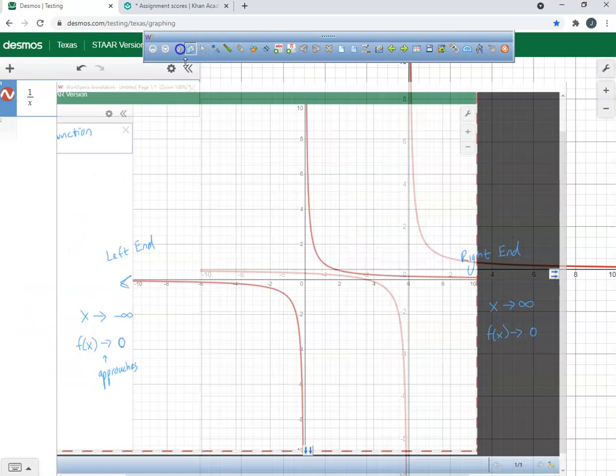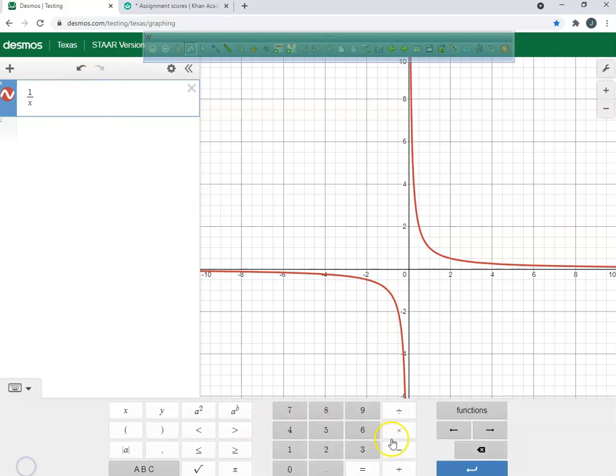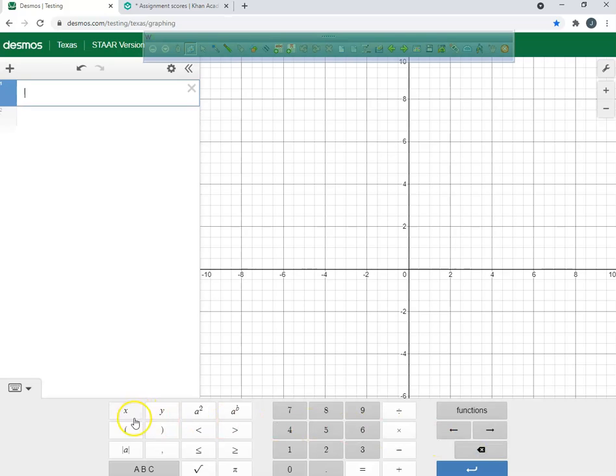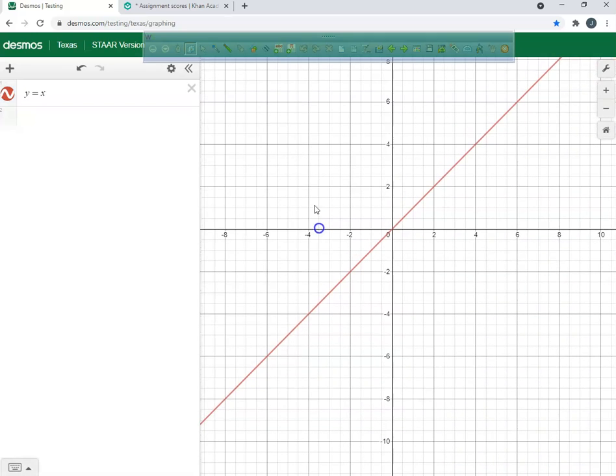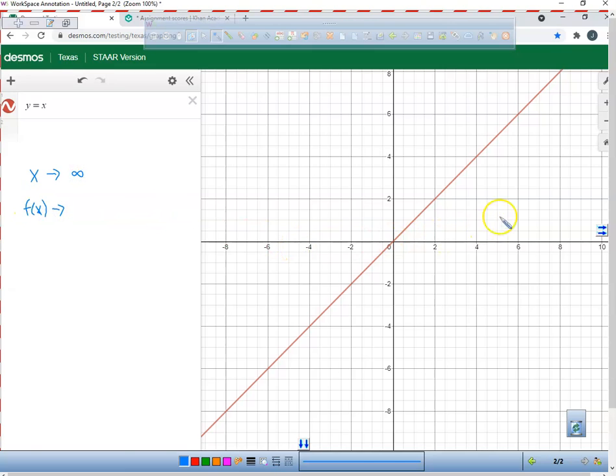All right, so let's take a look at some other functions, and maybe end behavior will make a little bit more sense. What if we said just a linear function, which is just y equals x? As x is going to positive infinity, what is f of x? As x is going to the right, it's going up, so it's going to positive infinity.